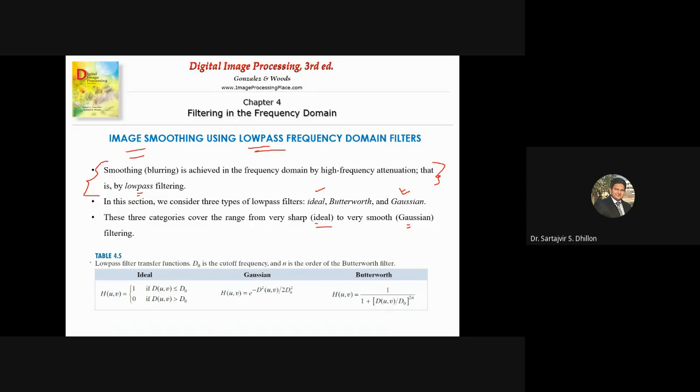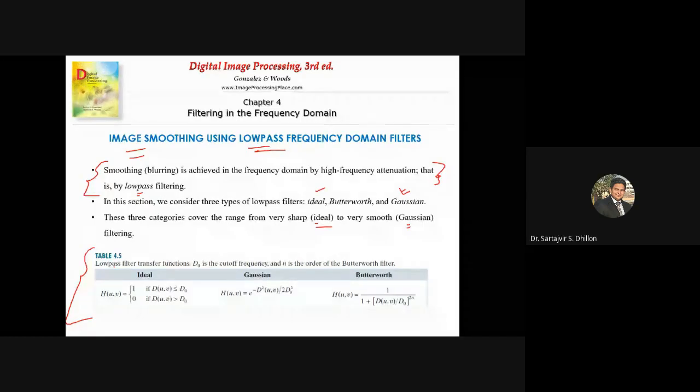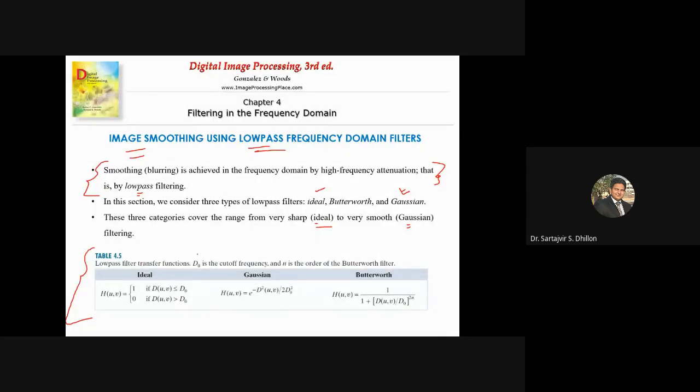And these are brief equations required to perform the low pass filtering operations in the frequency domain of a digital image, where D naught is a cutoff frequency and N is the order of the Butterworth, which represents the quality of blurring required.